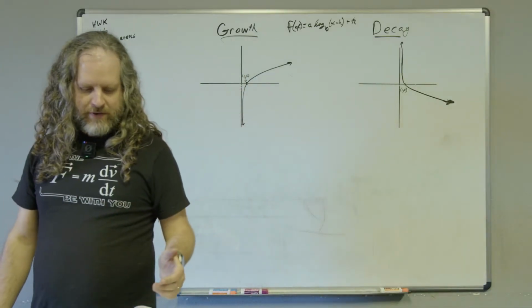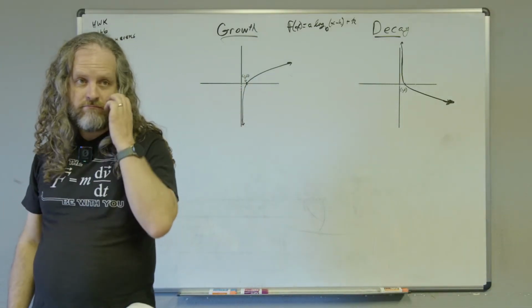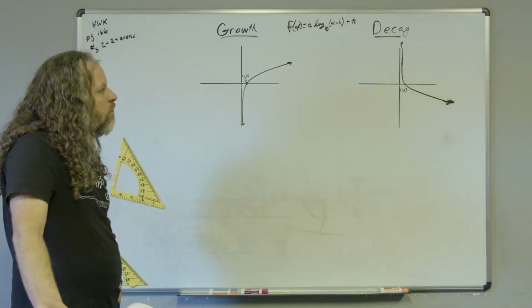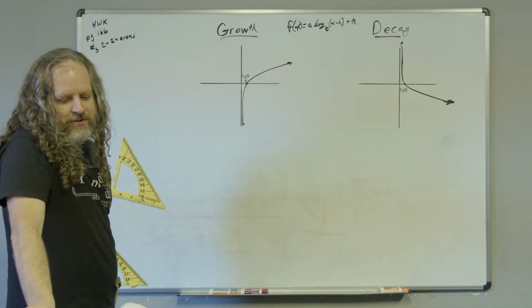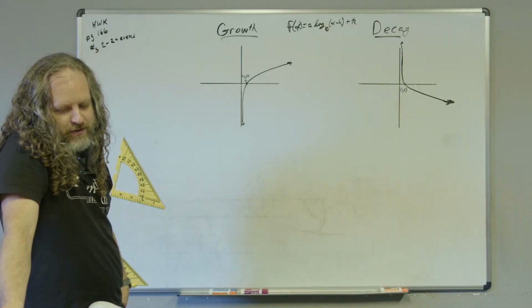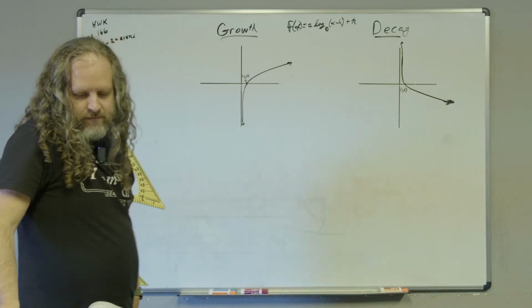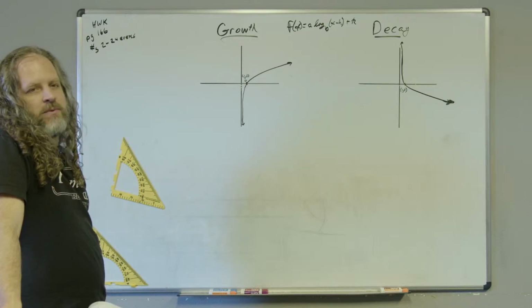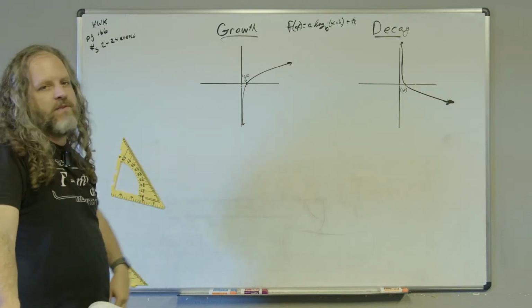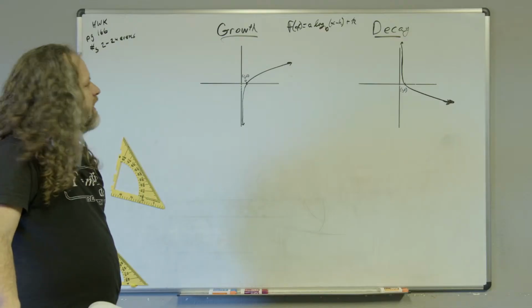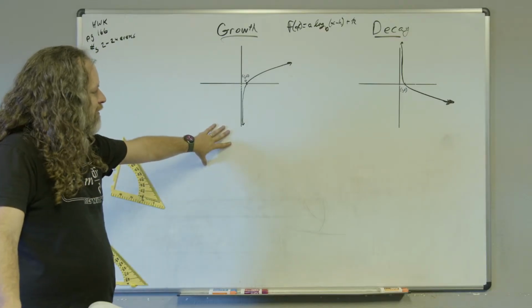You graph them the same way. How do you know if it's growth? Would it be b or x? B. X is going to be the independent variable. When b is greater than 1, it's logarithmic growth.